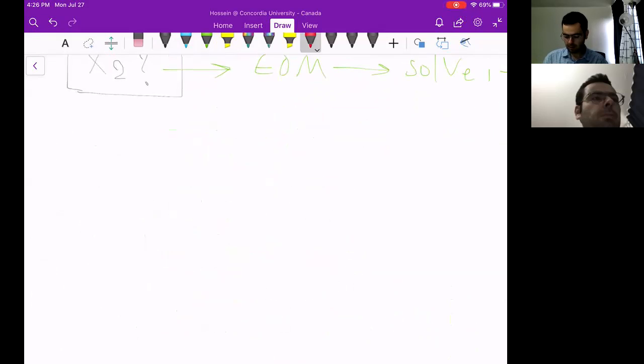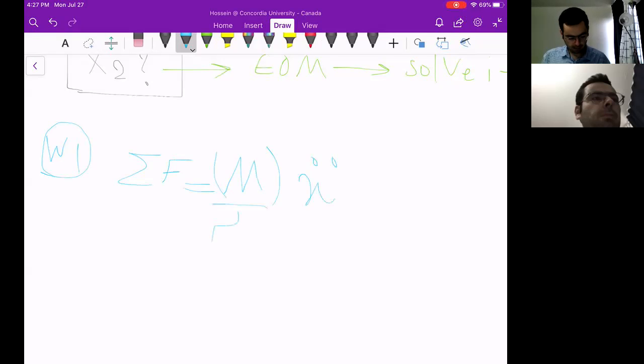For deriving the equation of motion, because we have a two degree of freedom system, for the mass 1, the summation of forces is equal to m multiplied by x double dot.